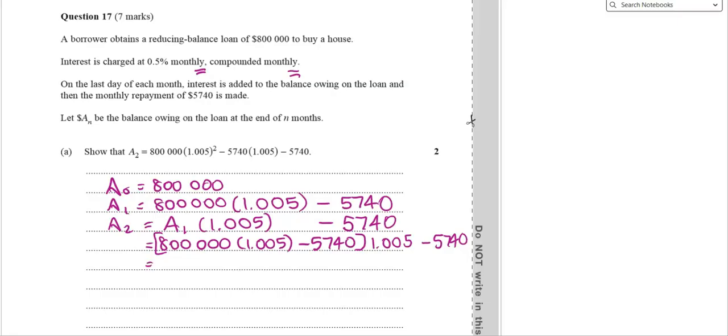Now I can expand that out, so I've actually got 800,000 times 1.005 squared minus 5740 times 1.005 minus 5740. And that's what they wanted us to show, so we say as required.